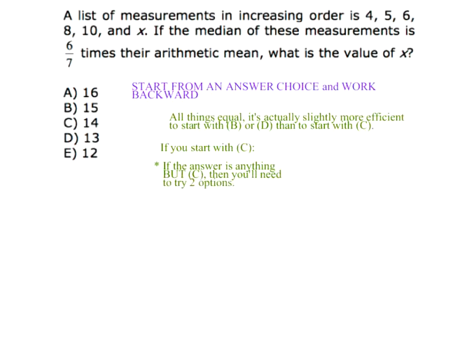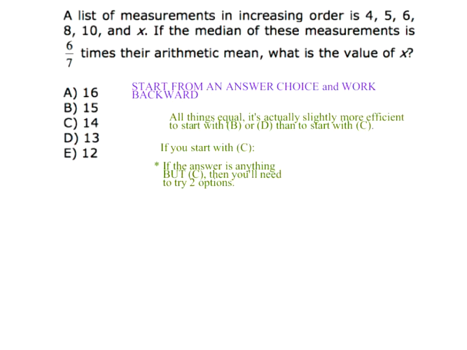If it's A or B, then C will be too small, and you'd have to try A or B. And if C was too big, then it would be either D or E, and you would have to try D or E. So in other words, unless it's actually C, you have to try twice.